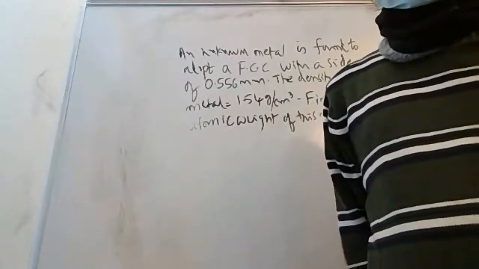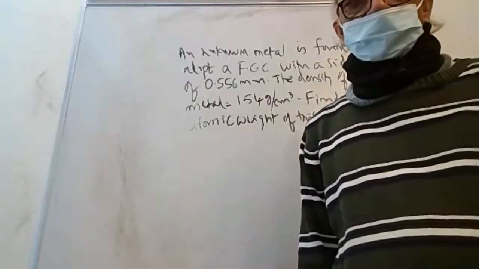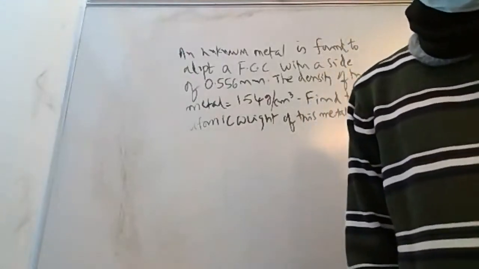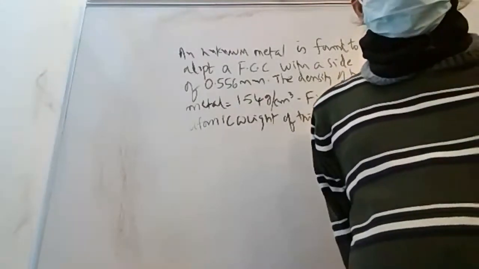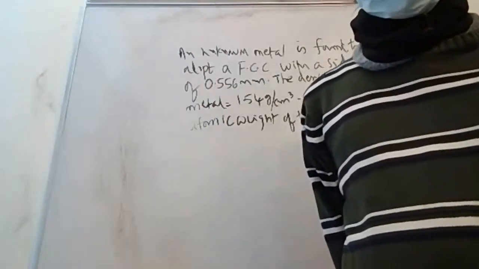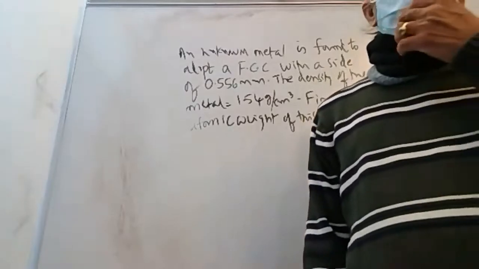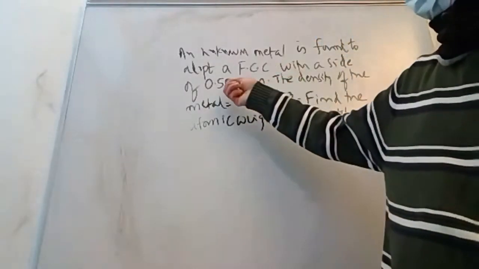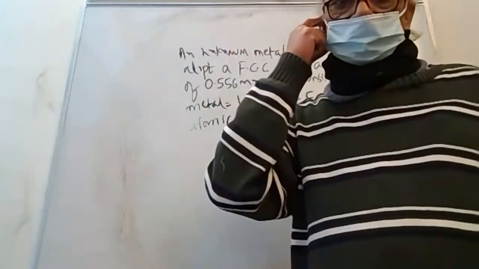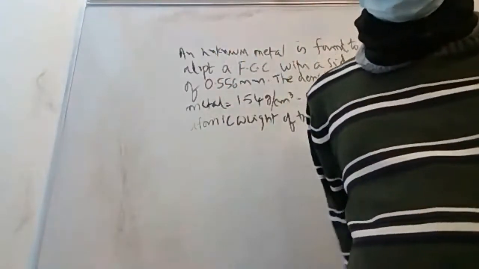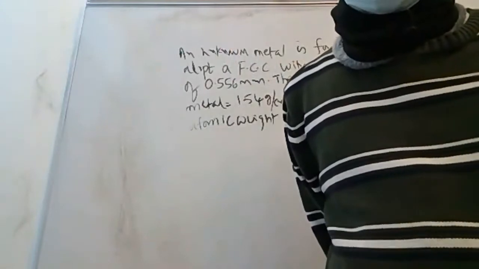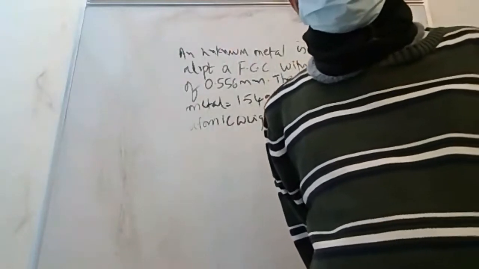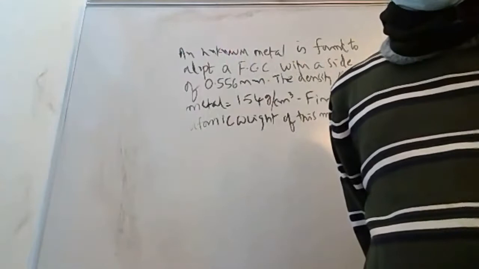What's my next step? We can use the density formula to calculate the mass. Okay, wonderful. We are on the right roadmap. Once you find the volume of the unit cell, because this is cubic, and I know the side of the cube, then the cube of that side is the volume. So once we know the volume and density, we can find the mass. What do we do next?